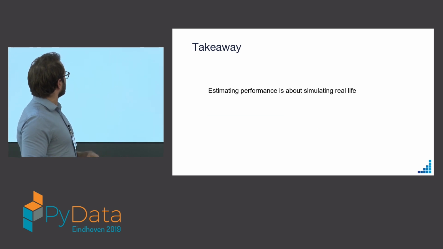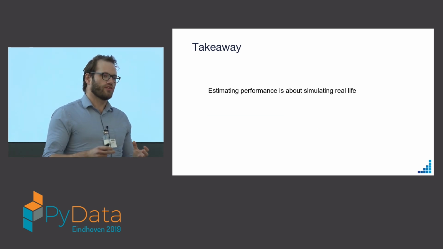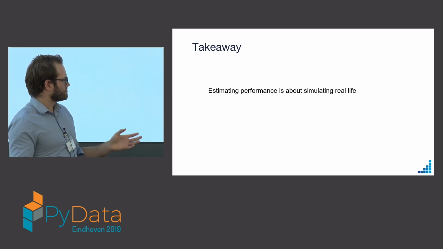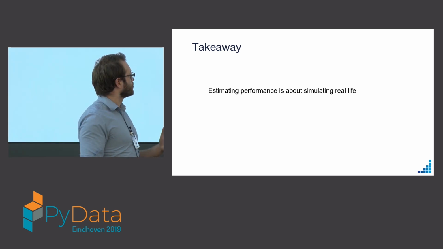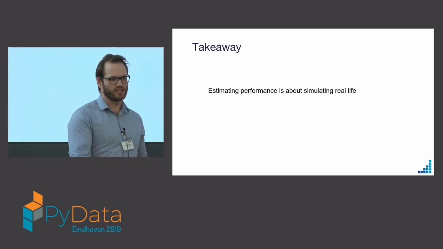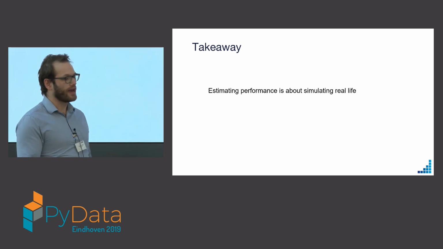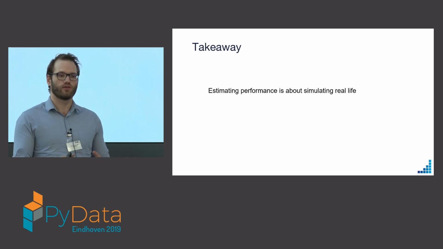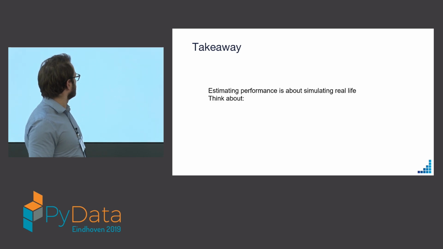So, takeaway: you should really see cross-validation, or whatever kind of estimation you're doing, as a way to simulate real life. Your goal with validation is to find the best model, and with a test set, it's really about estimating how well we are going to do in real life. So keep that in mind.